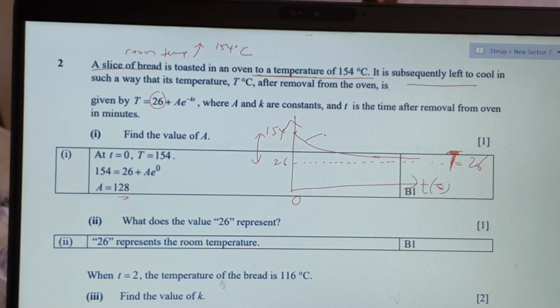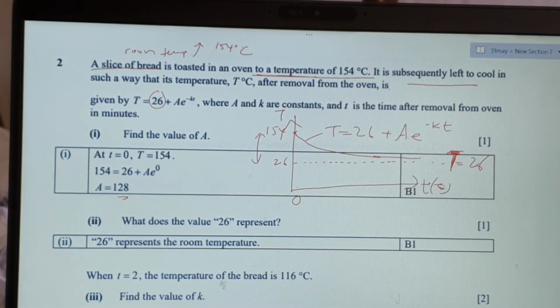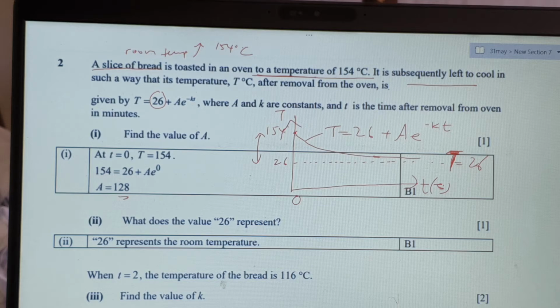Okay, so this diagram that I've drawn, you are expected to know how to sketch this diagram. And it's a very common exam question. Alright, now this is T, this is big T, temperature, okay, in degrees Celsius, and this is small t in seconds.